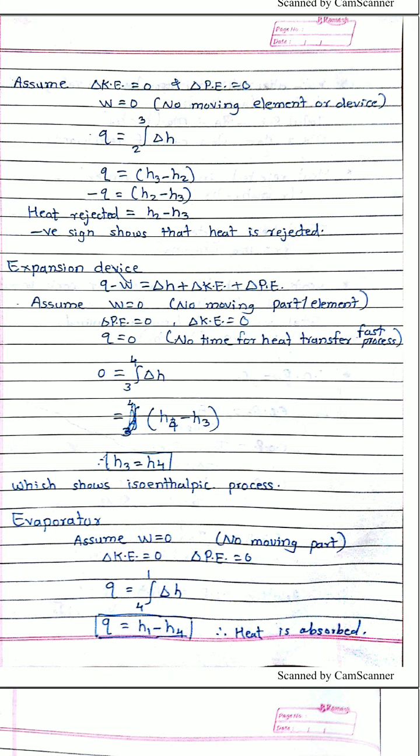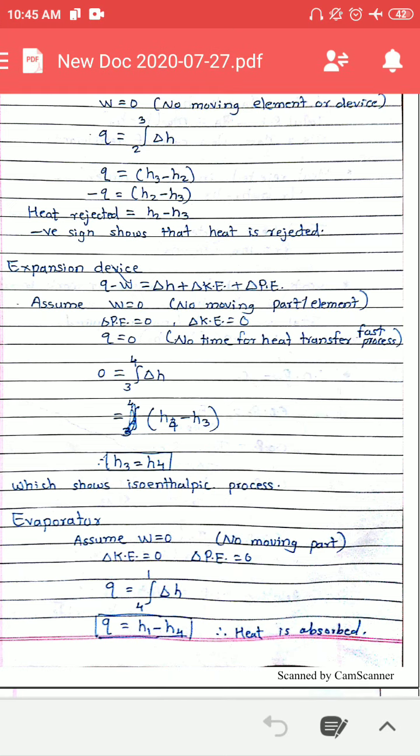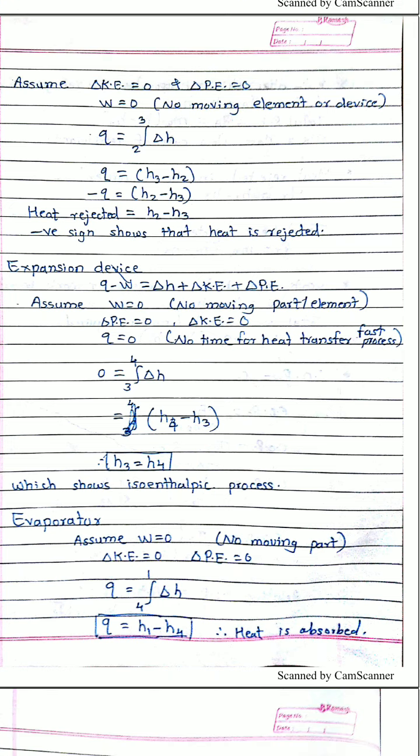In the expansion process, the enthalpy is constant, H3 is equal to H4, and that process is the isoenthalpic process. And in the evaporator, Q is equal to H1 minus H4, which shows that during the process 4 to 1 heat is absorbed. So these are some basic phenomena of the 4 components.